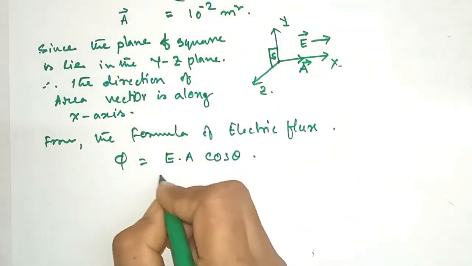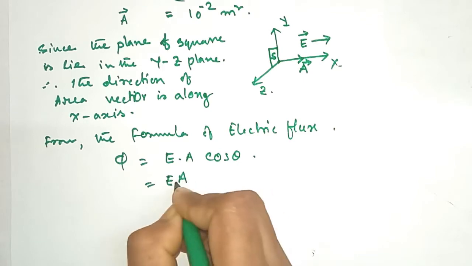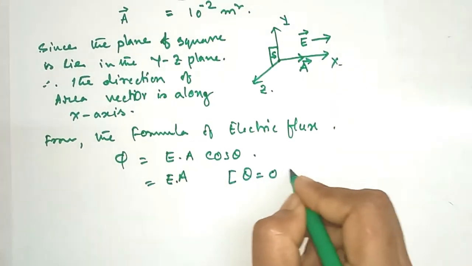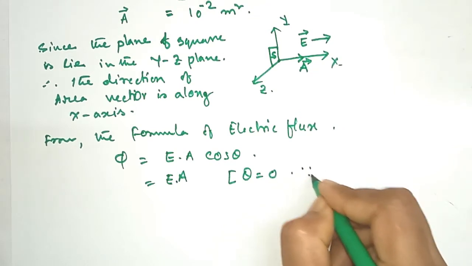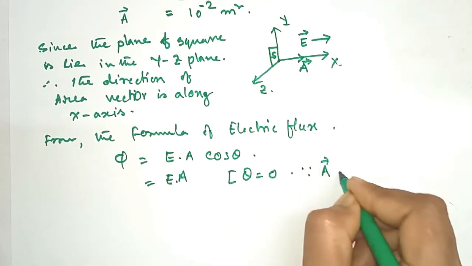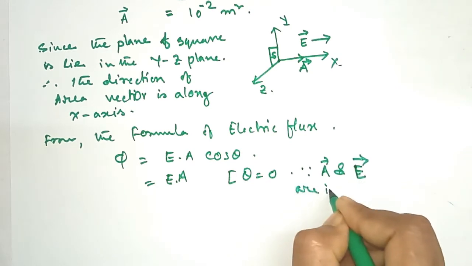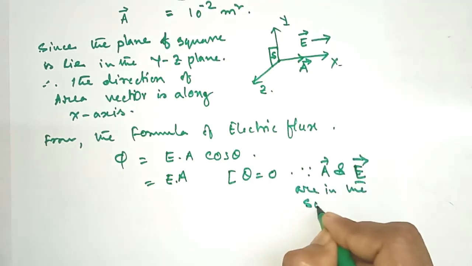So here theta is 0, since area vector and electric field are in the same direction.